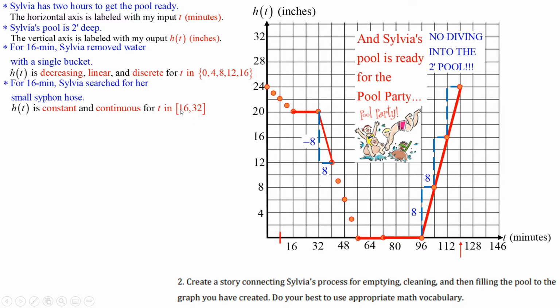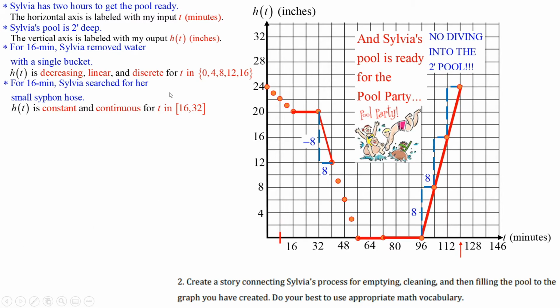That means T is everything from 16 to 32, including 16 and 32. So here's your notation for a continuous function, and here's your notation when you have a discrete function. This is set notation, and this is interval notation. Start learning the difference.